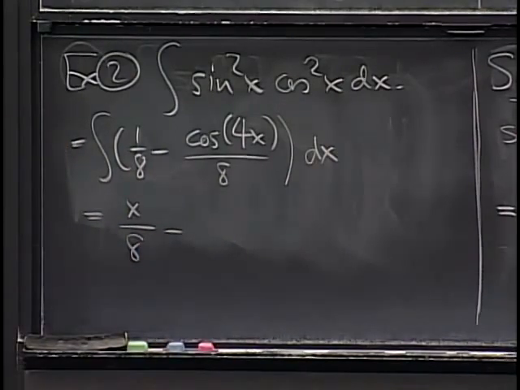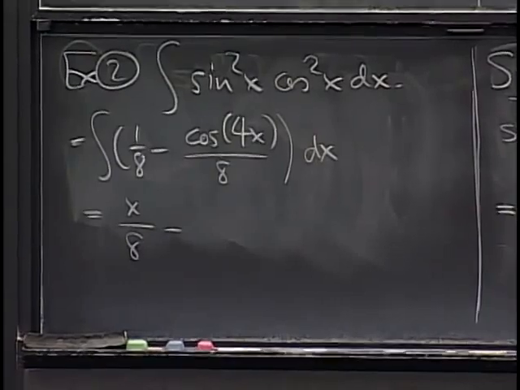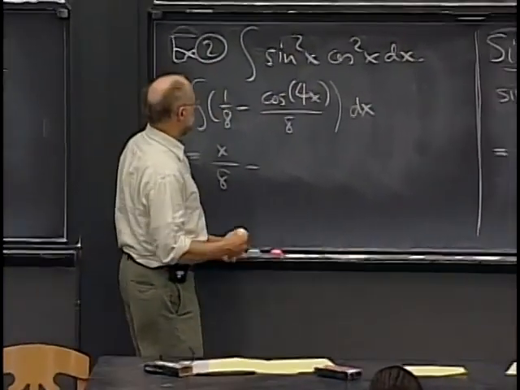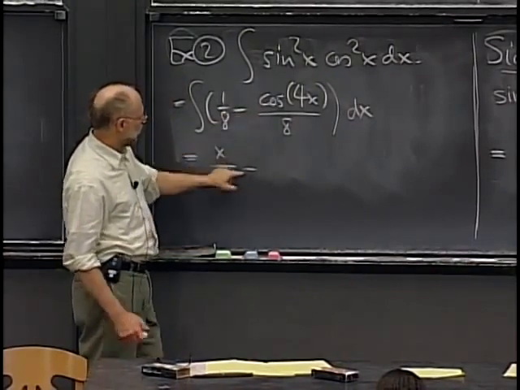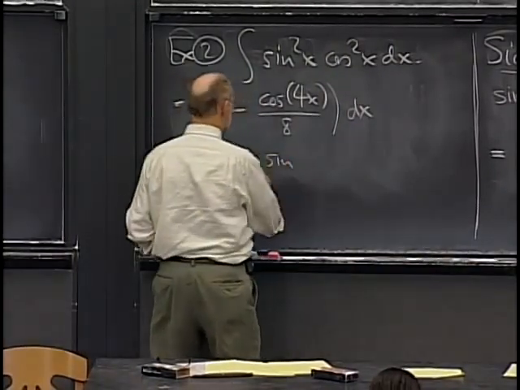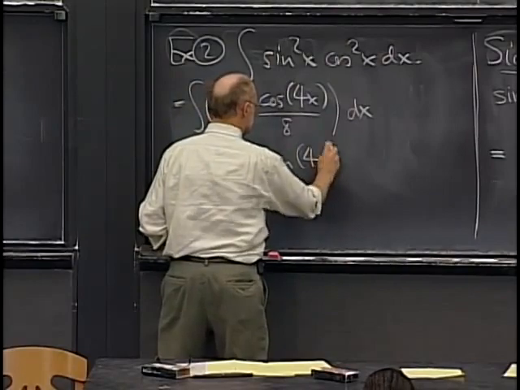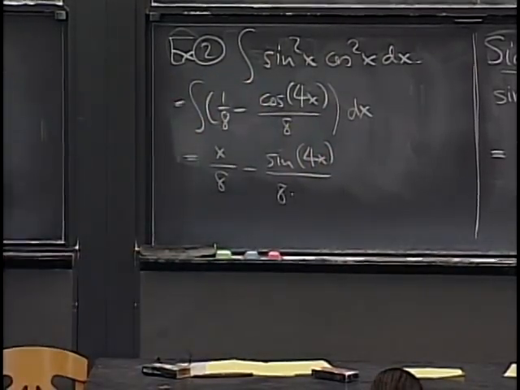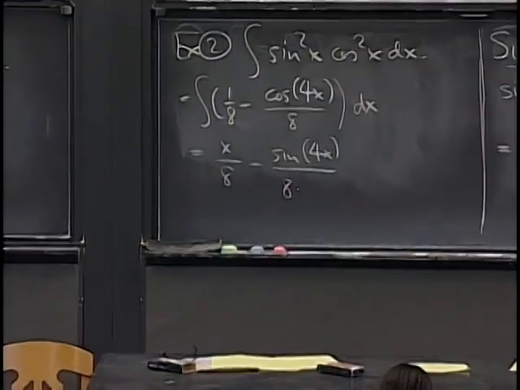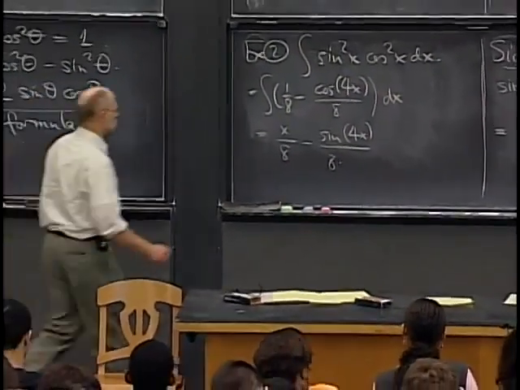The integral of cosine is plus or minus the sine. The derivative of the sine is plus the cosine. So it's going to be plus the, only there's a minus here. So it's going to be minus the sine of 4x divided by this 8, but then I have an additional factor in the denominator, and what's it going to be? I have to put a 4 there.